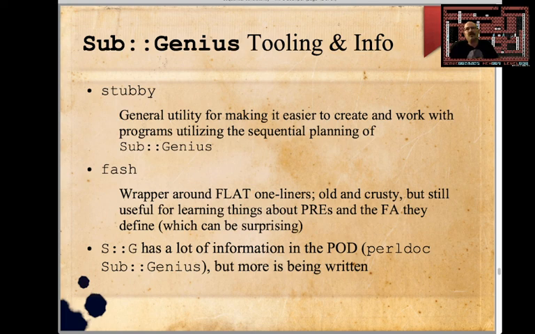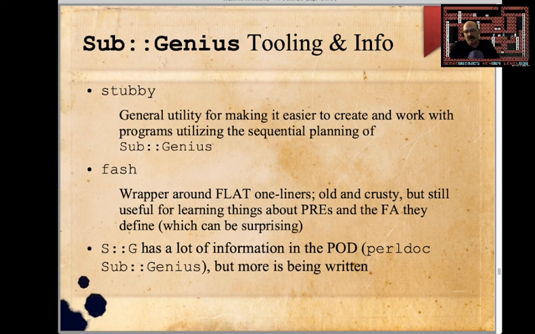Stubby can also be used for pre-caching these PREs. Because of the complexity of the algorithms involved, these PREs can take a long time to be compiled, and I'll use the word compile, down into a DFA.